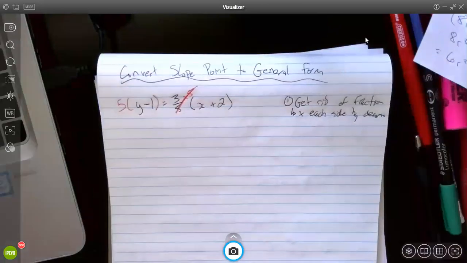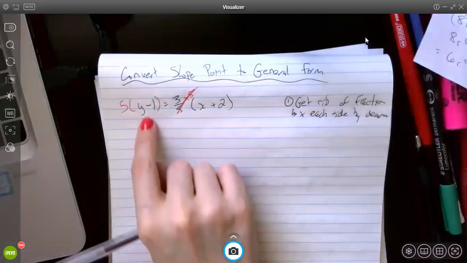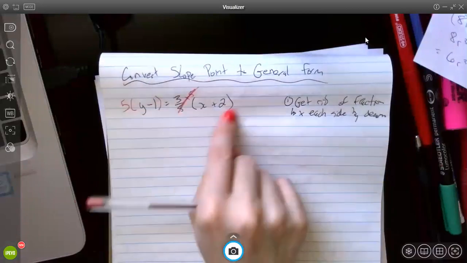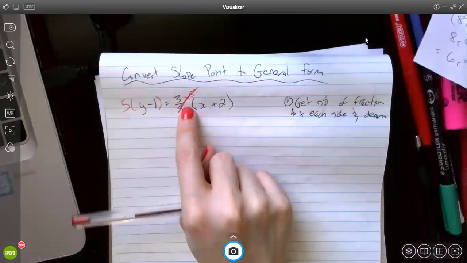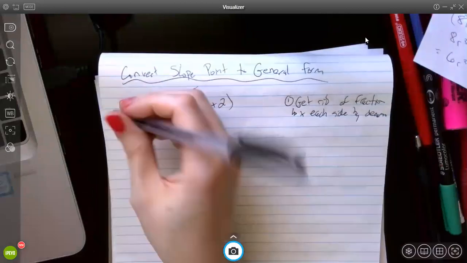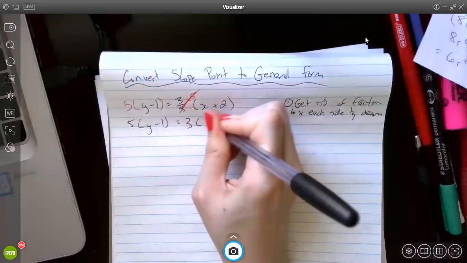Really what I'm doing is multiplying every term by the denominator. So I'm multiplying the 5 and the -1, and this is all one big term because it's things that are multiplied. Then, of course, that leaves me with 5 times y minus 1 equals 3x plus 2.